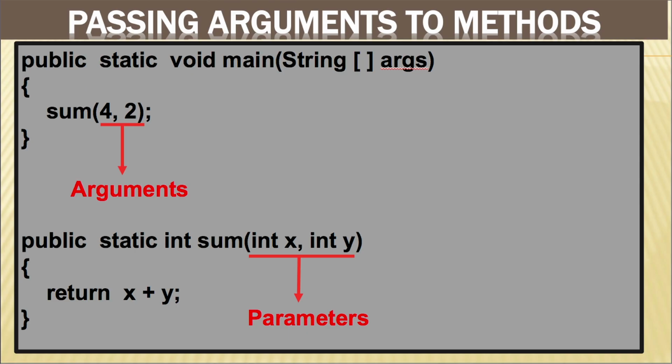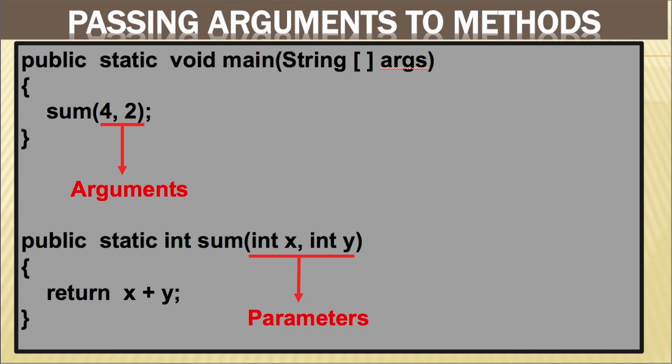The next point: arguments are the actual values that are passed when a method is invoked. Again, 4 and 2 are the actual values, and these actual values are passed to the variables x and y. And the last point: when you invoke a method, the arguments used must match the declared parameters in type and order.